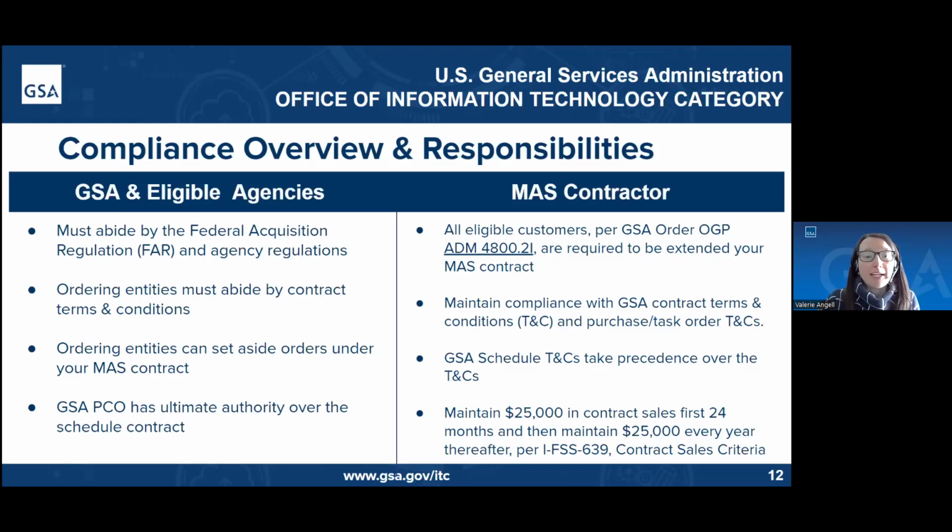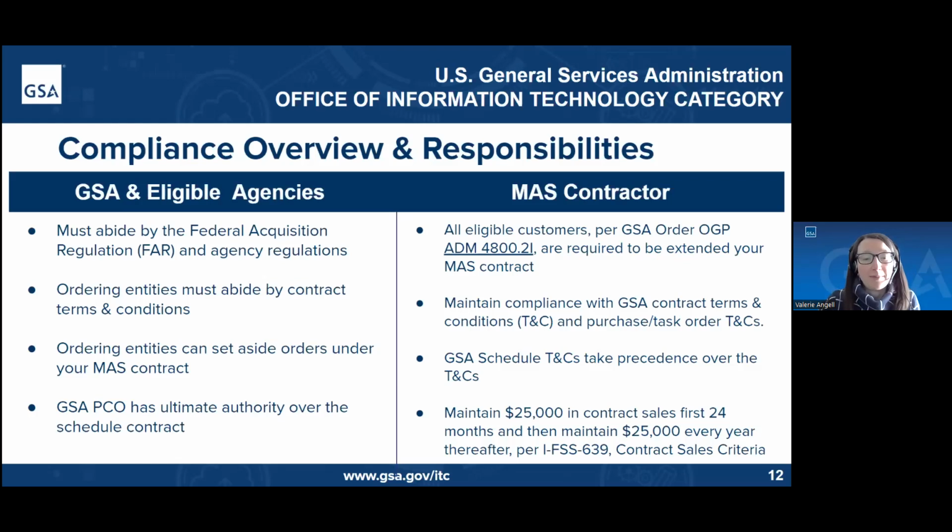Now, on the right-hand side of the screen are listed the responsibilities of you as the vendor or the contractor. So the vendor must extend the MAS contract to all eligible customers per the GSA order. You must maintain compliance with GSA terms and conditions and task order level terms and conditions.